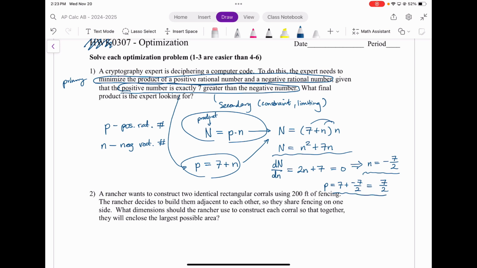So that's P. Now, they were asking for the final product, right? So we don't have the answer yet. We have to multiply these two. We're looking for big N. So big N, the product, would be negative 7 over 2 times 7 over 2. And that equals negative 49 over 4.